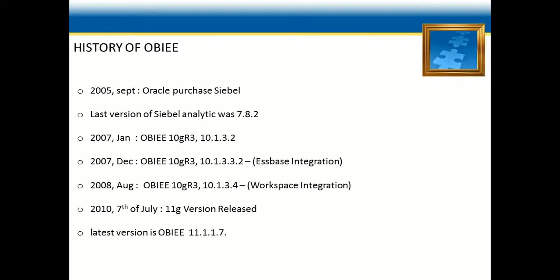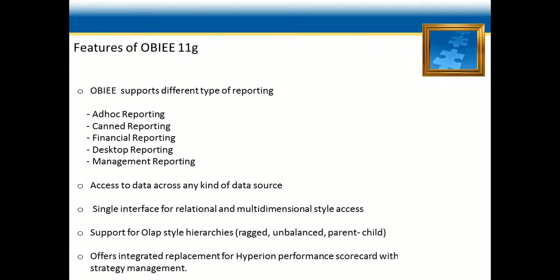In 2008, in August, OBI released 10.1.3.4, that is workspace integration. And in 2010, on the 7th of July, the 11g version was released by Oracle. And the latest version is OBI 11.1.1.7. Now it is available in the market.